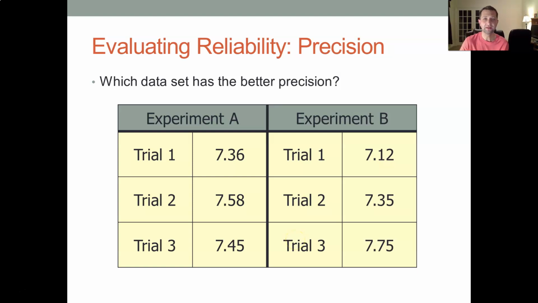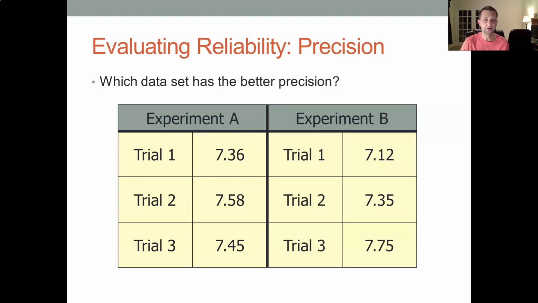Okay, sometimes you can take a look at precision just by looking at two data sets and just kind of looking at the numbers that you're given here and seeing which one has the better precision. So take a second and look at these two experiments, A and B, 3 trials each. Which data set has the better precision? Okay, figure out which one has the better precision, think about why, and then we'll go over it in a second.